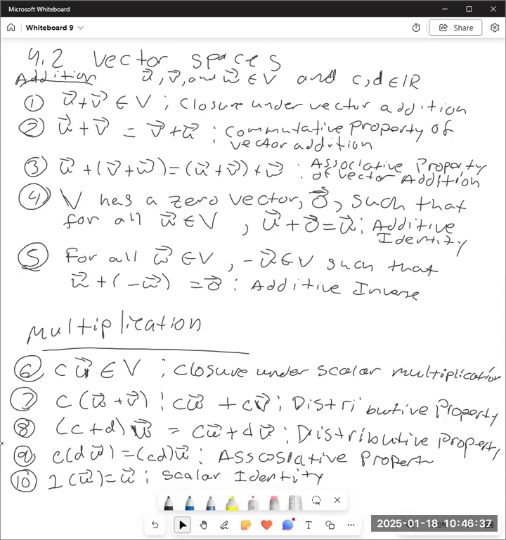Set of all continuous functions, the set of all polynomials of degree n or less, the set of all n by n matrices, the set of all n by m matrices, the set of real numbers R, all vectors in Rn, whatever n-dimensional spaces you're talking about, under standard operations.